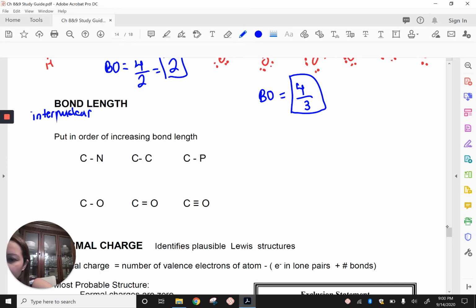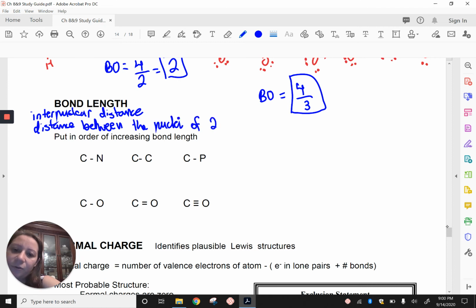And it's also sometimes thought of as the distance between the nuclei of 2 bonded atoms.